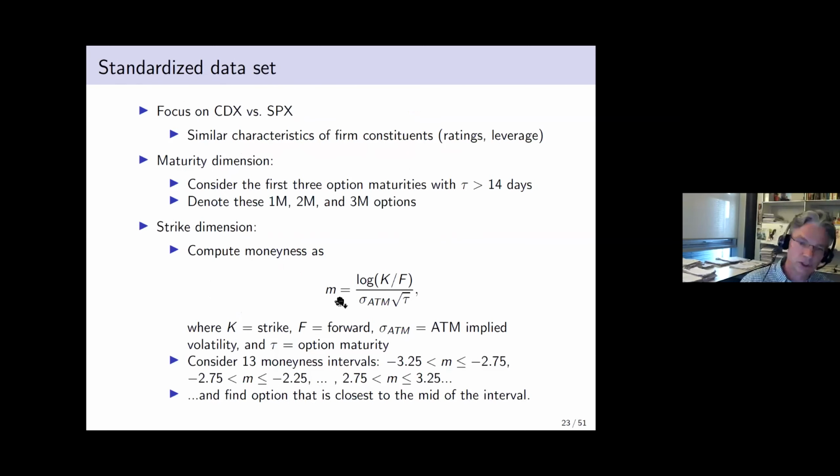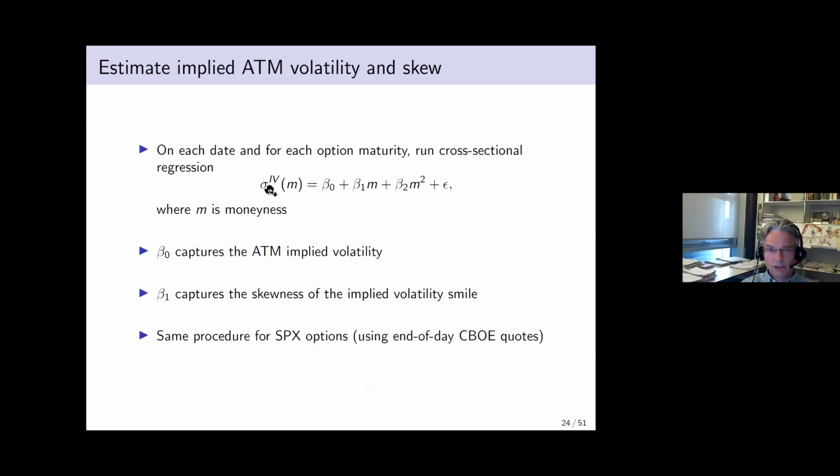So we're going to focus on comparing CDX and SPX options, 1, 2, and 3 months maturity options. The moneyness of the options we define as follows, as I already told you, and we're going to find about 13 different moneyness intervals. To extract the at-the-money options, we're going to regress for every maturity that we have.